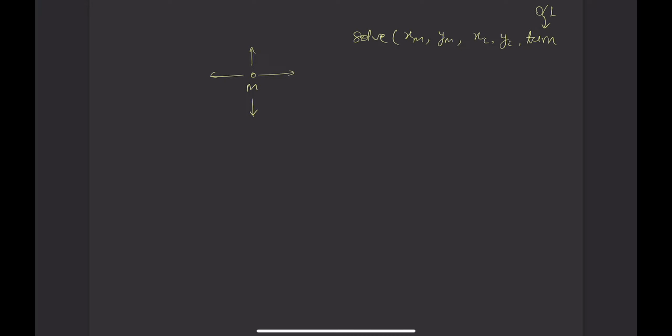So if the mouse is standing at xm, ym, the cat is standing at xc, yc, and it's the mouse's turn, how can the mouse move? It returns whether the mouse can win or not.